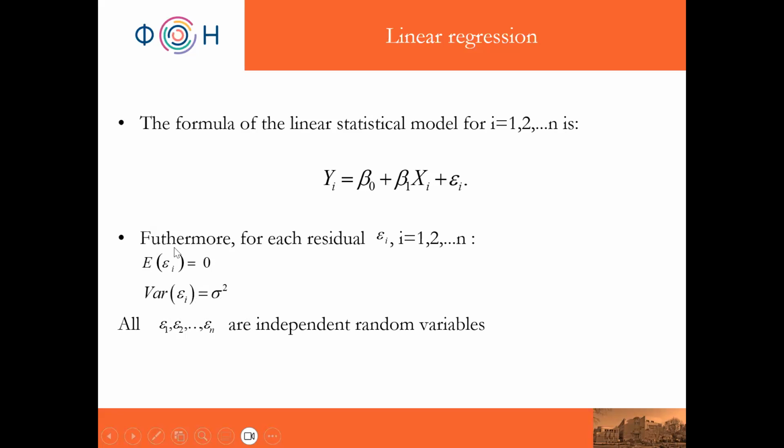Also, another assumption is that all these stochastic parts for each and every value that we measured on our sample are independent. So there is no relationship between these stochastic parts in our sample.